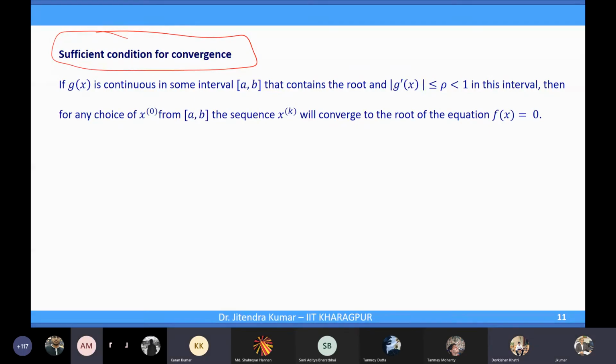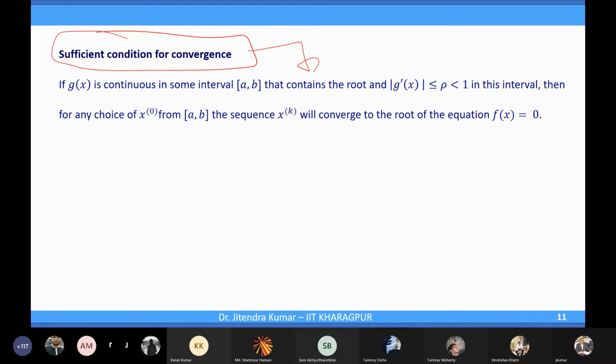So if g'(x) is greater than 1, then we cannot comment anything, because it's a sufficient condition. We don't know; with greater than 1 it may or may not converge. Here we don't have a necessary and sufficient condition. That is the problem. We have only a sufficient condition. It's very good to have a necessary and sufficient condition because then everything is clear. But a sufficient condition alone is still good.